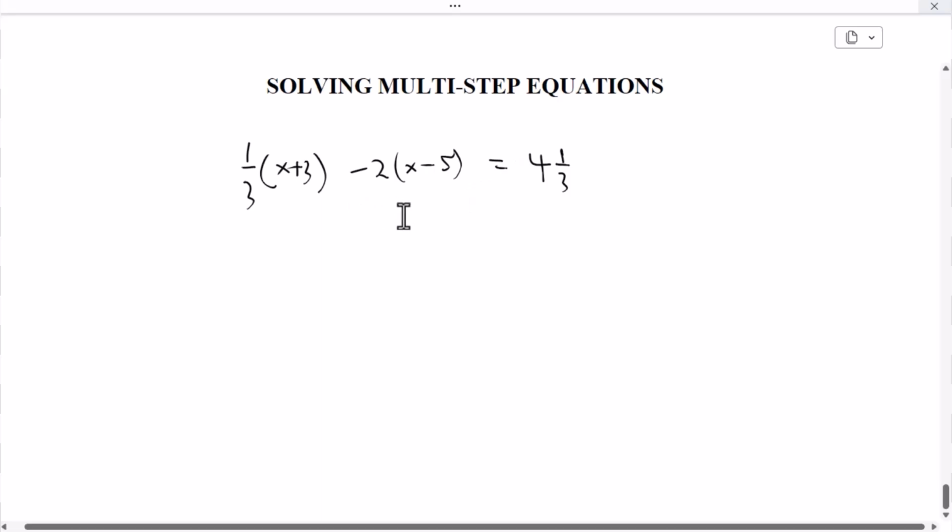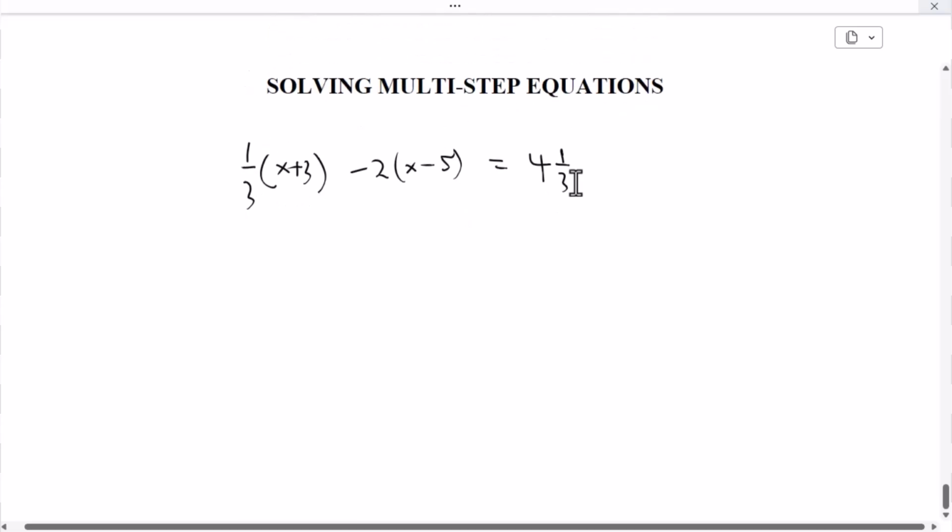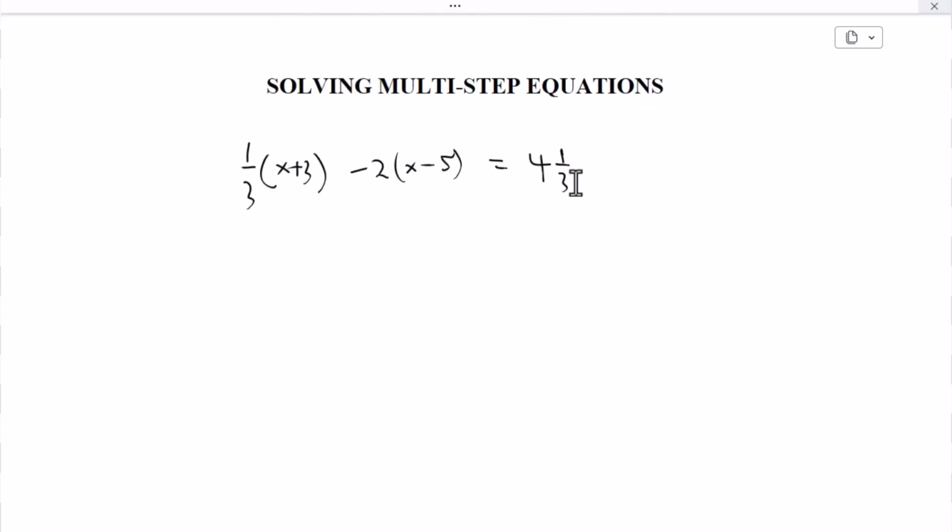Now, we're going to have to rewrite the entire expression once again, and we're going to have x plus 3 all on 3, minus 2 multiplying x minus 5 all on 1, to be equal to 13 on 3.